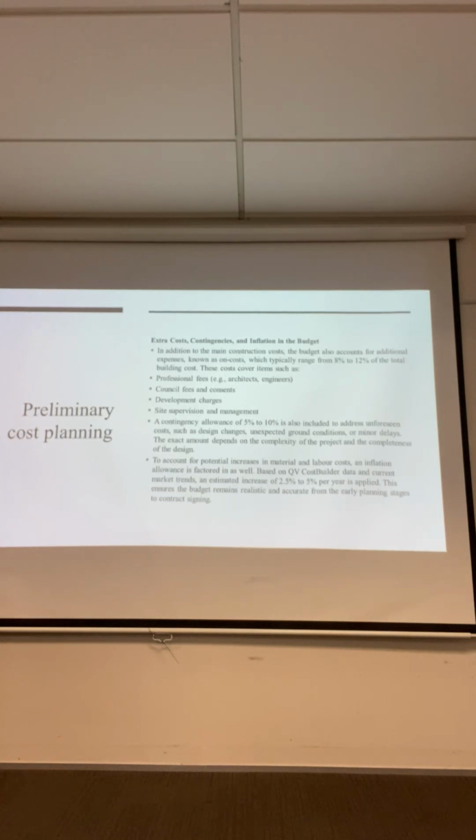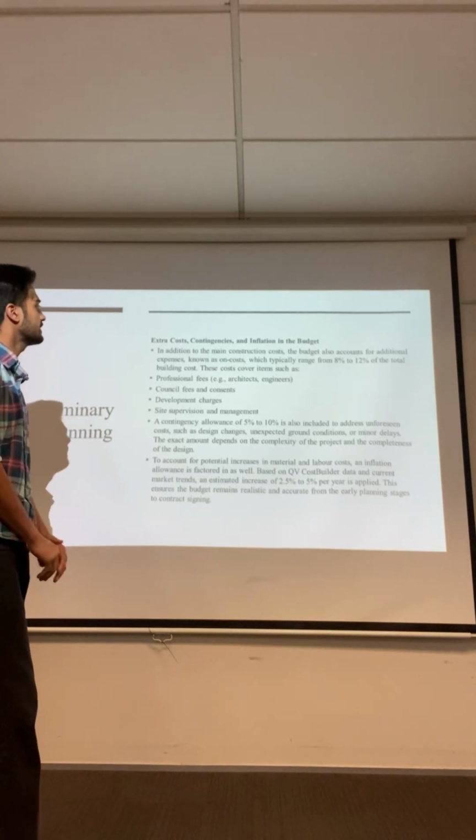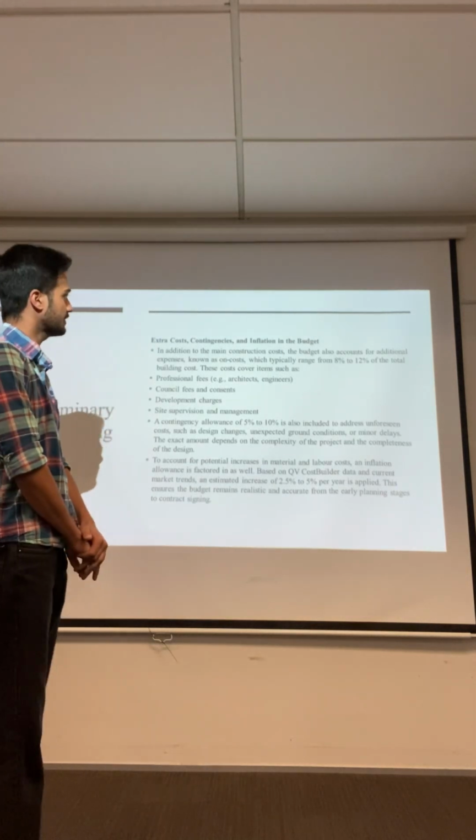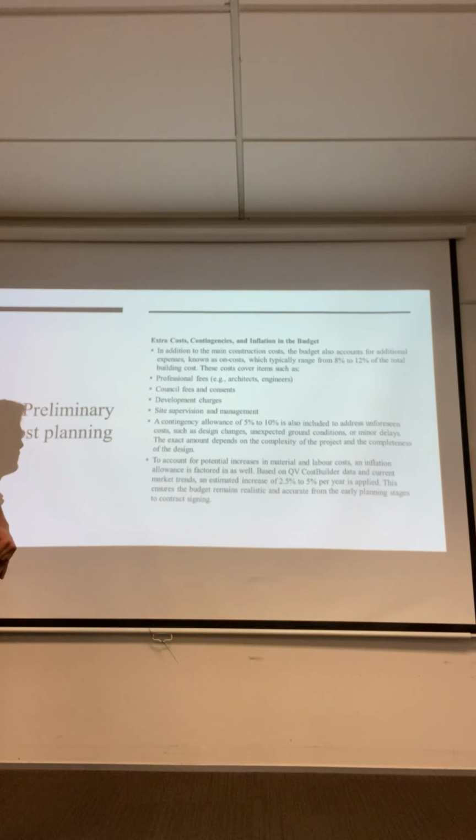In addition to the main construction cost, the building budget also accounts for additional expenses known as on-costs, which typically range from 8% to 12% of the total building cost. These costs cover items such as professional fees, council fees and consents, development charges, and site supervision and management.